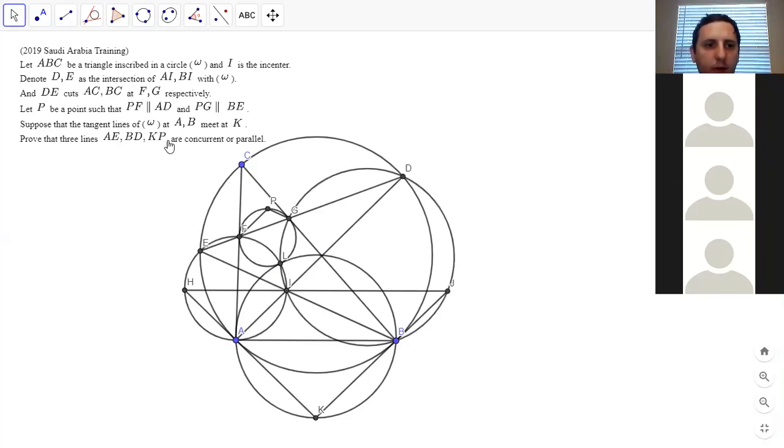To show that they're concurrent is the same as showing that K lies on the radical axis of these two circles, right? We only need to prove that those four are collinear. Yeah, we have to show that these four are collinear, right? Can you check if P, F, H are collinear? Yeah.